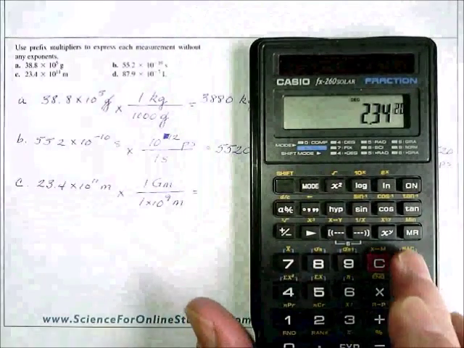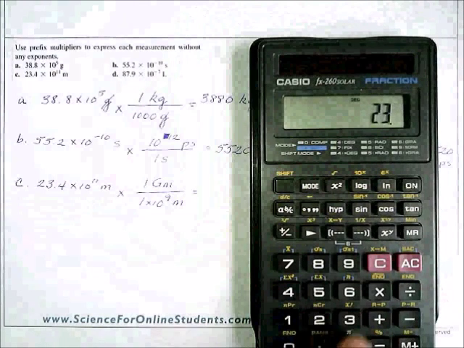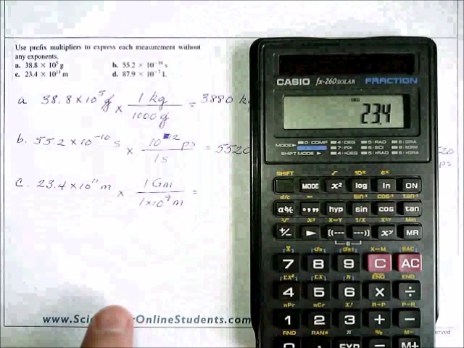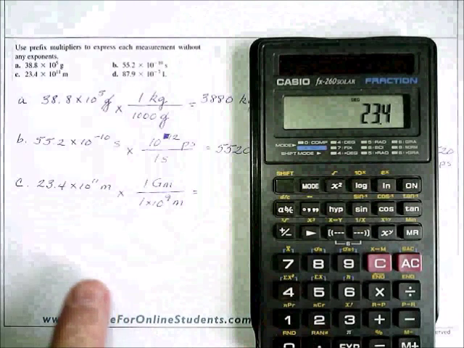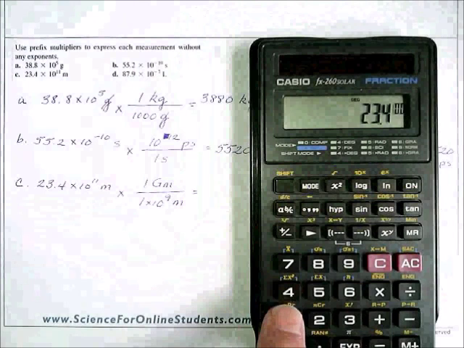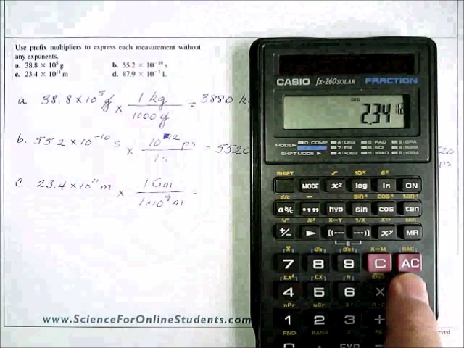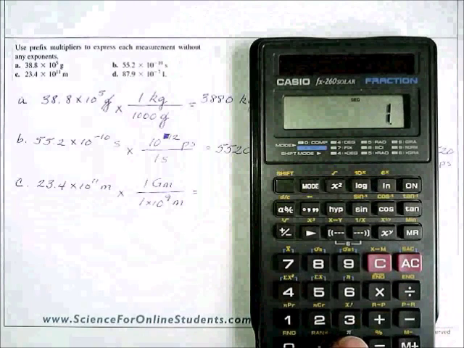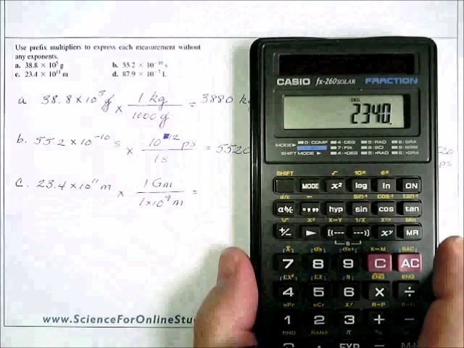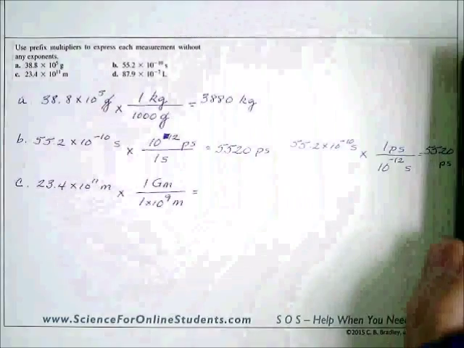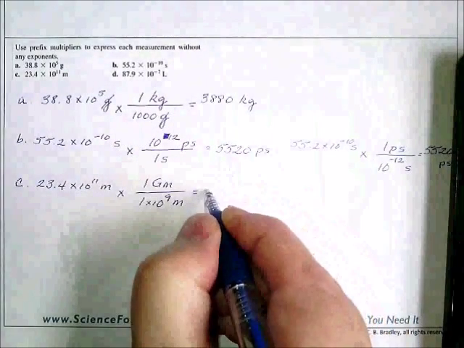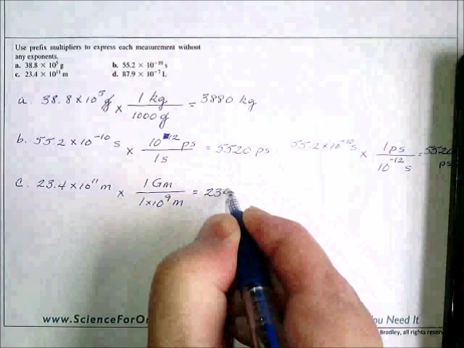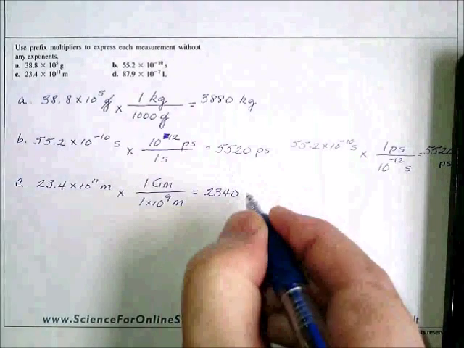Let me do that again. 23.4. It's always a good idea to do these twice anyway to make sure you haven't hit the wrong button. 23.4 times 10 to the 11th divided by 1 times 10 to the 9th equals, there we go, that one makes sense, 2340 gigameters.